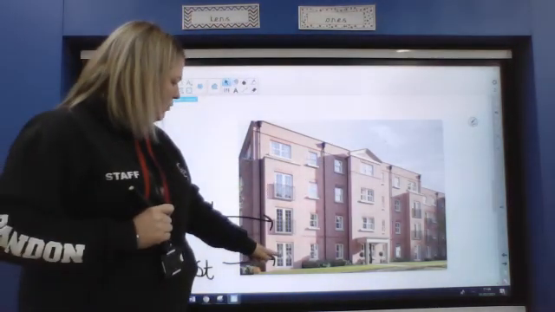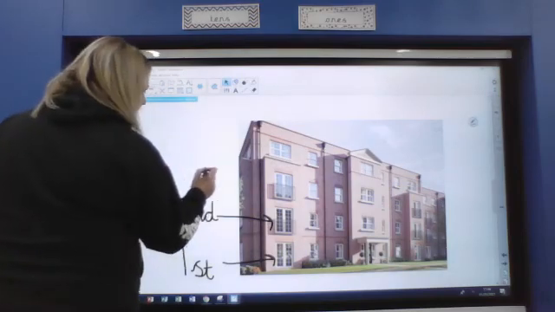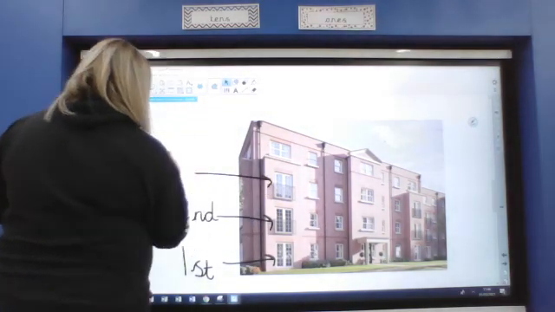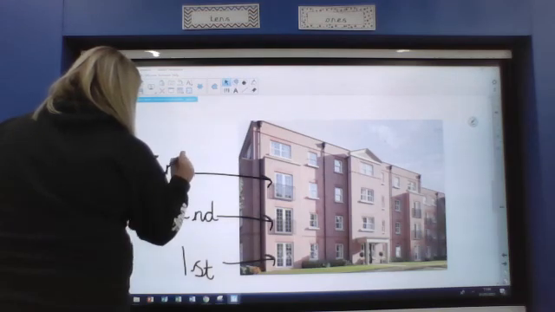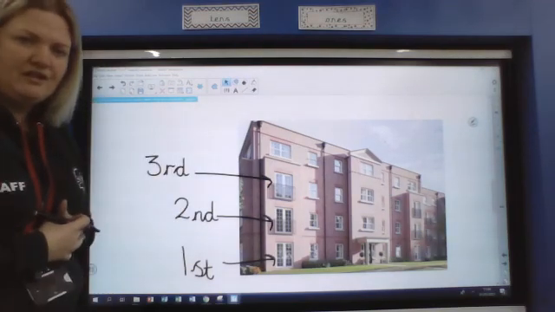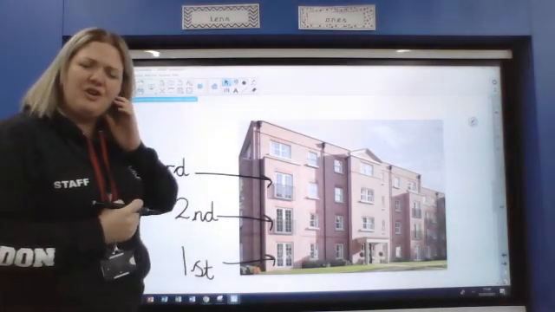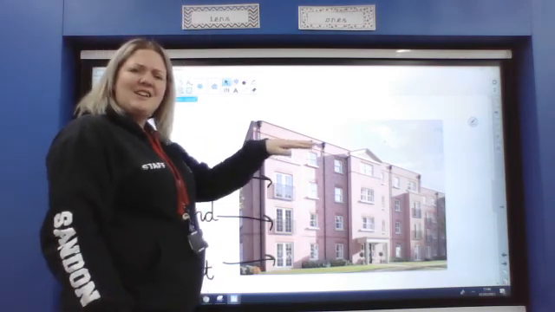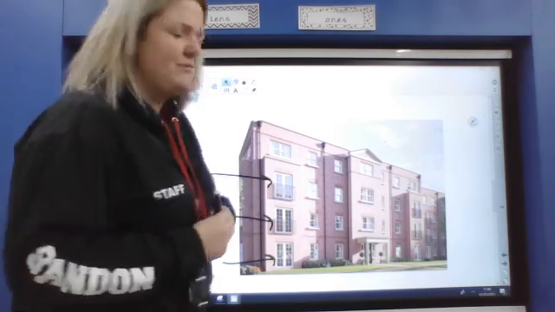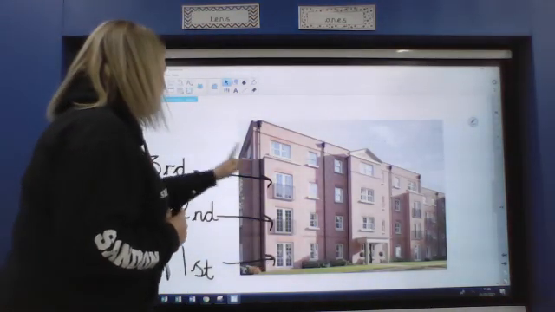Let's just count. 1, 2, 3. So it would be the third floor. The third floor. So we've got first, second, third. Now the very, very top floor is the last floor on this block of flats. So that is number 1, number 2, number 3.